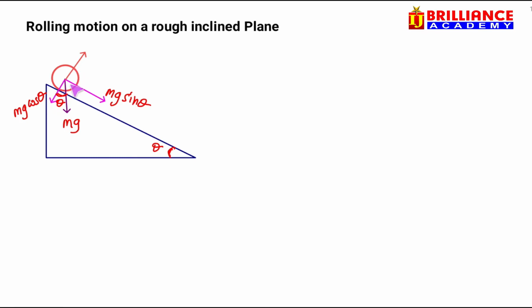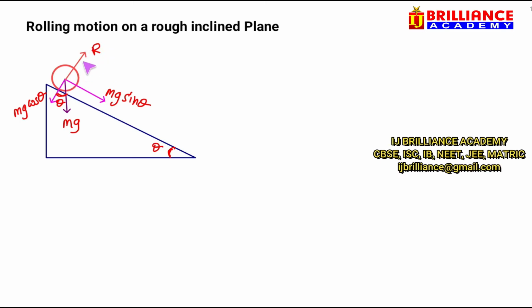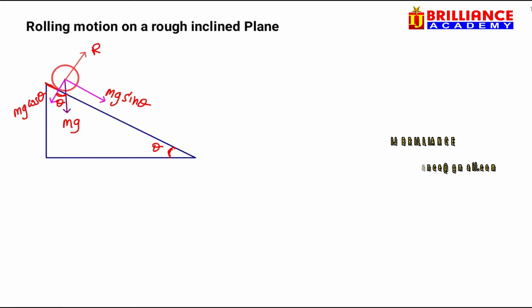And see, this one is the normal reaction. Either you can write N or you can write R. So this is the normal reaction which is acting. Normal is always acting perpendicular to the body. And here is one more force. Can you guess? Yes, friction.